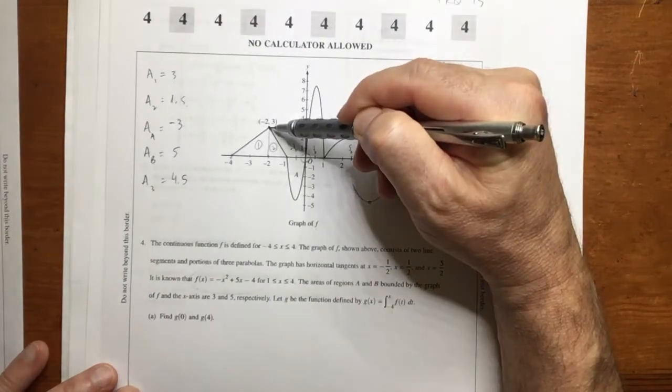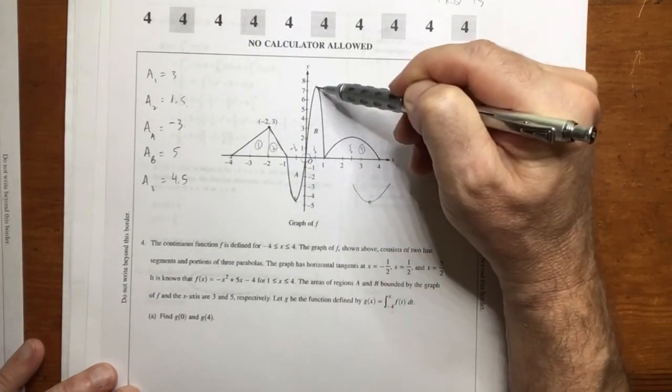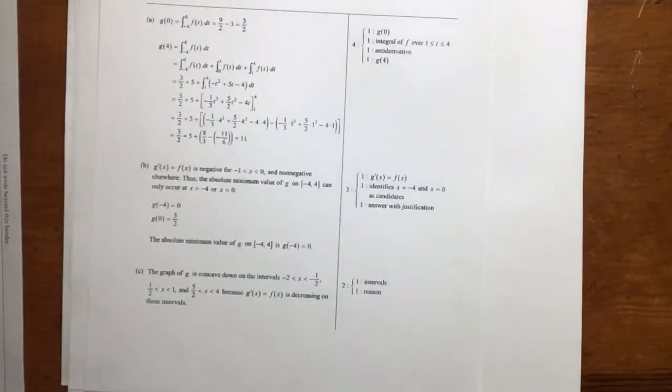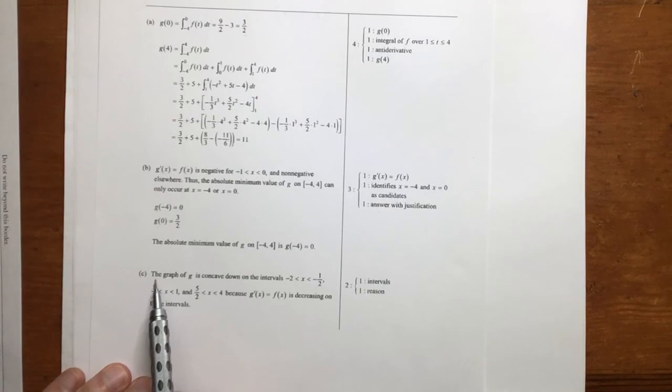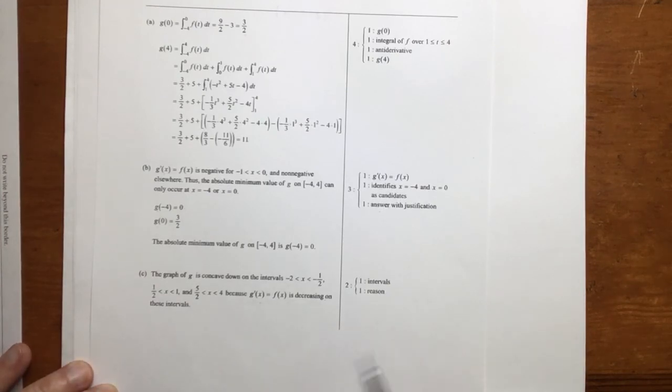Okay, so from here all the way through to there, that slope is negative. Here to here negative, here to here negative. And let's look at their answer. Kind of a quick part of this problem. Concave down on that first, second, and third interval because g prime of x equals f of x, which is decreasing on these intervals. So just do your best to explain. I'm sure a calculus teacher would understand your explanation.